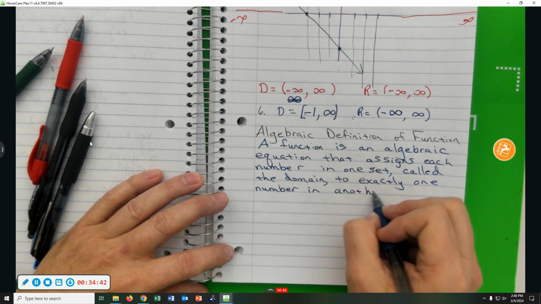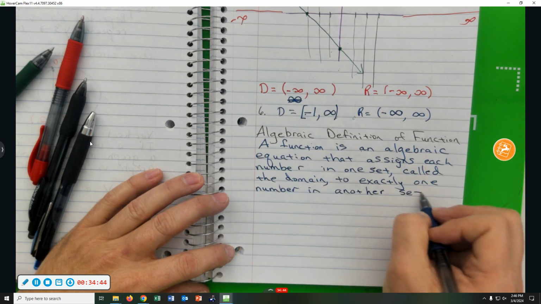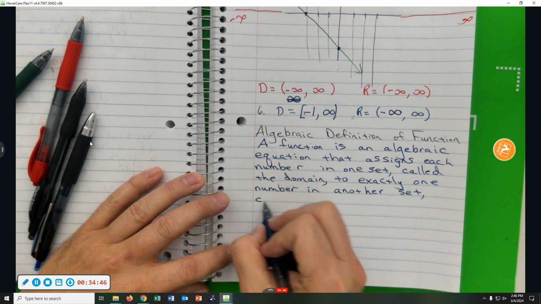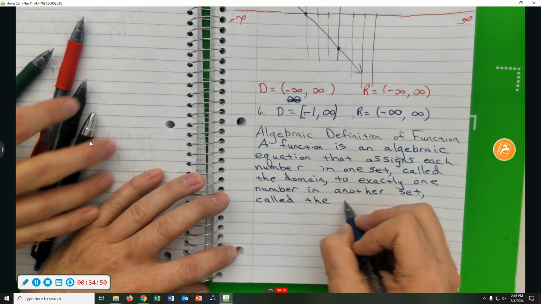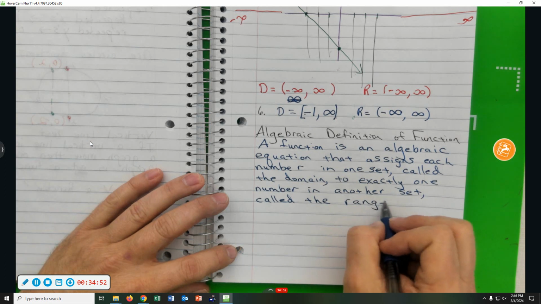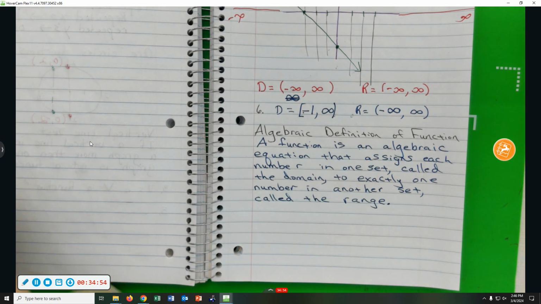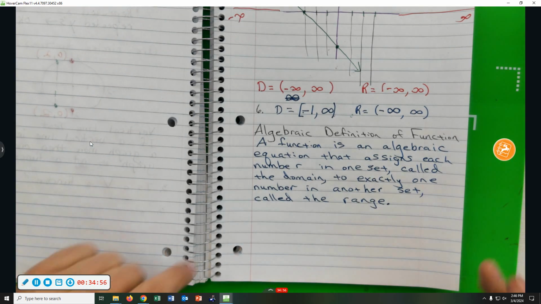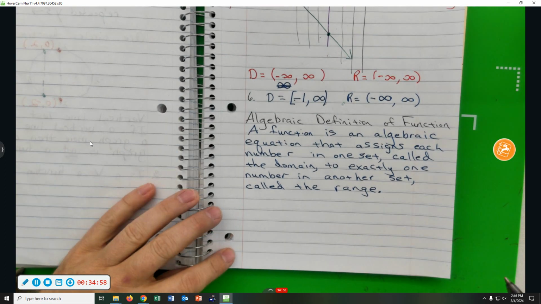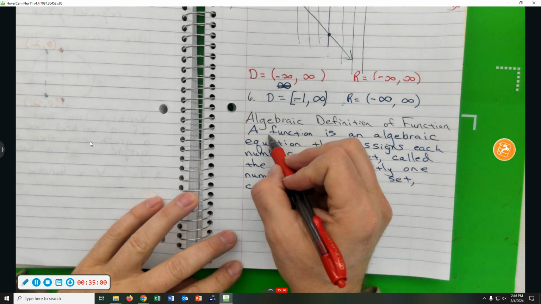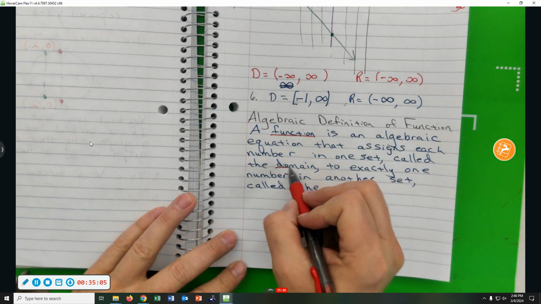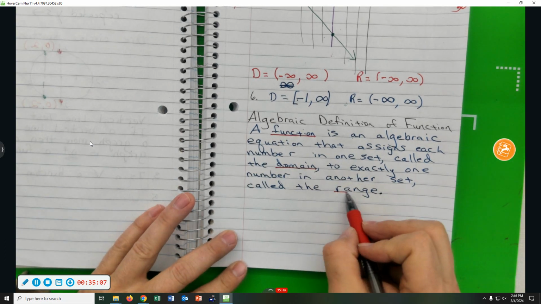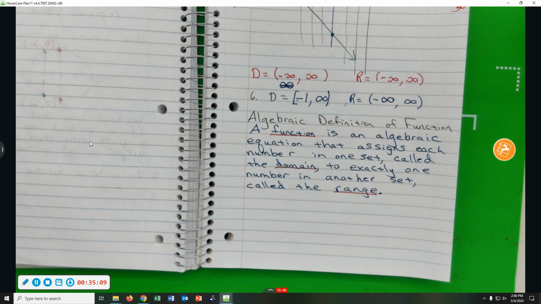And we know what that other set is called: the range. Okay, so I just now defined three terms: function, domain, and range.